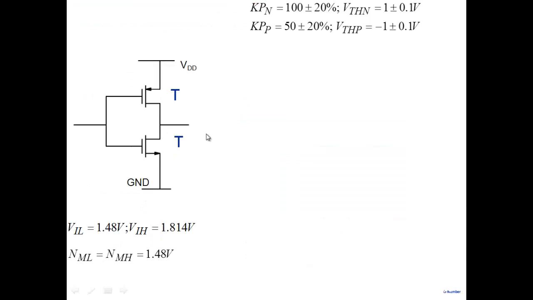Characteristics shifting right or left eventually impact VIL and VIH. This is for the typical transistor. If we do the calculation, assuming that KPN can vary, this is a nominal value of 100 microamperes per volt squared, and it can vary plus or minus 20%.